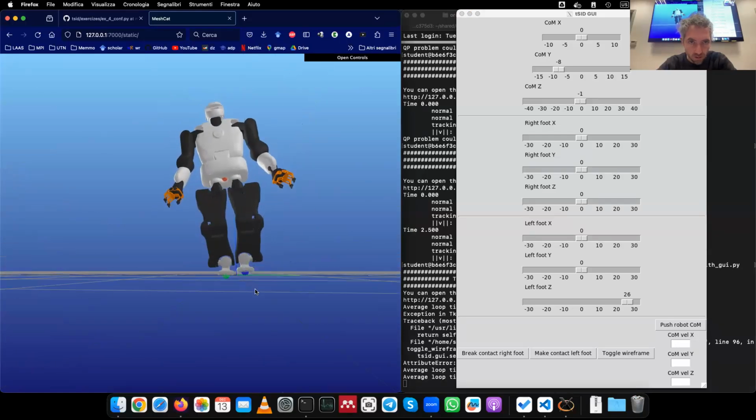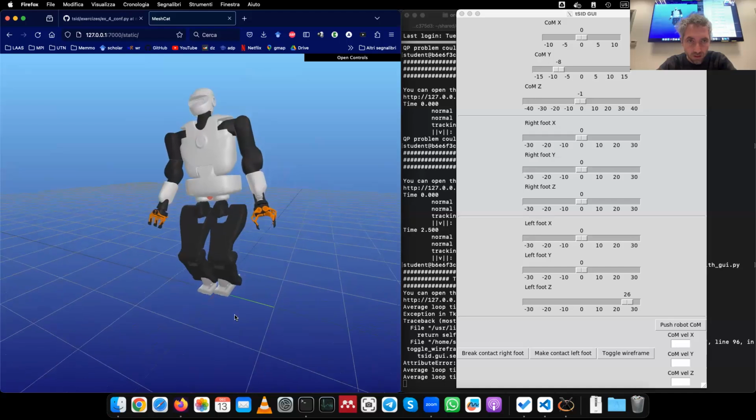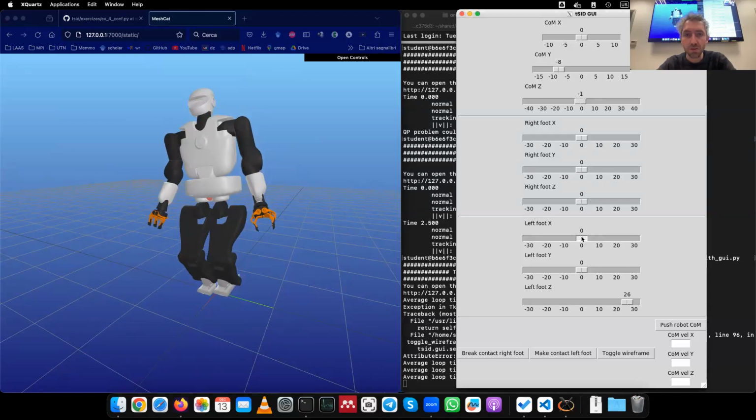You can see it's no longer on the ground. And now I can make it move forward. And then back on the ground. Again, the reference is this purple ball.